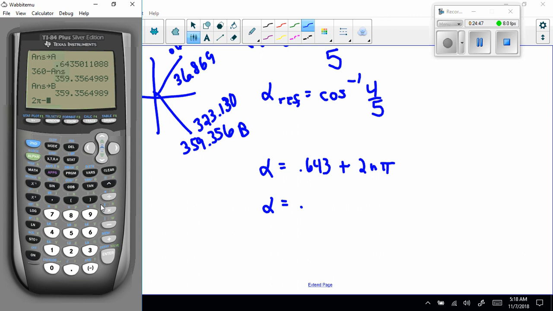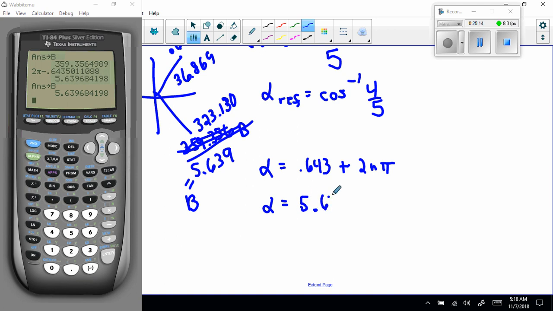That was dumb. I was working in radians. 2 pi minus this guy, was definitely thinking about maybe my green chili. So I'm going to store that in alpha B. So this is in B. So 5.639 plus 2n pi.